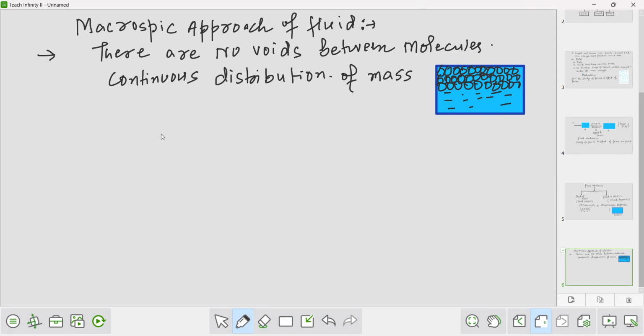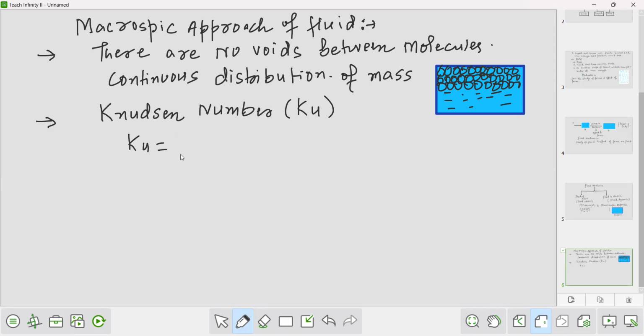Now to study this macroscopic approach, there is one number, that is the Knudsen number, denoted by Kn. What is this?